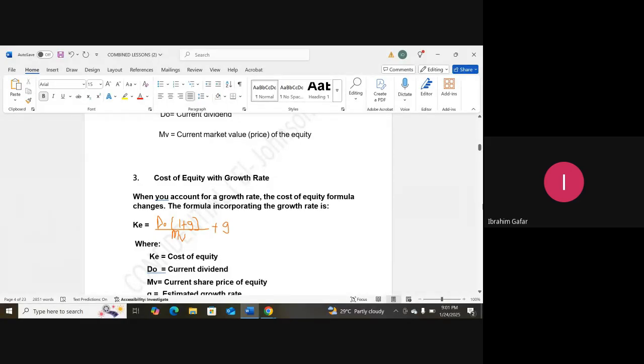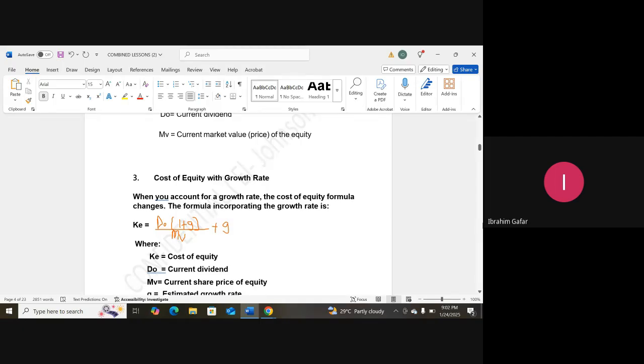After that, I also explained that we have certain things that we need to be careful with in examination conditions, where the market value is given in terms of cum div. So I want us to recap so that everything stays in our memory.